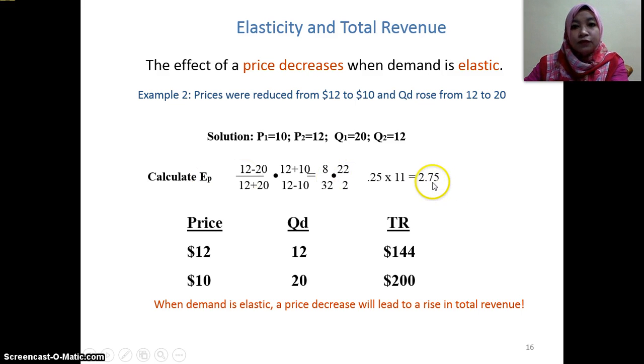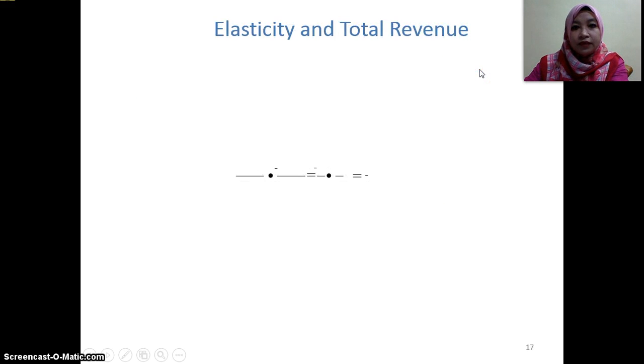Yes, you are right, 2.75, and your TR at the old price is 144, at the new price 200. Same concept, same formula. TR is P times Q. For the calculation of EP, use the same formula, change in quantity over change in price, and you get your answer, which is more than one, elastic.